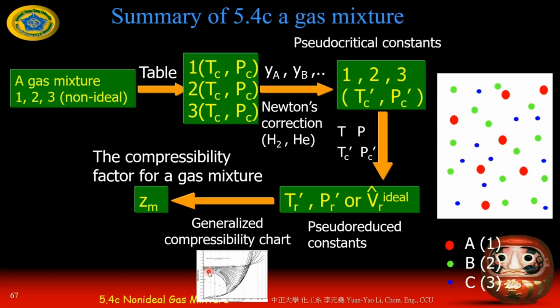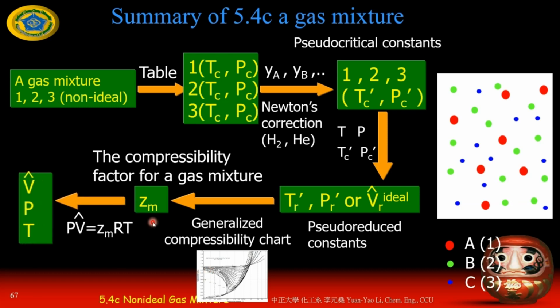And after that, once you have the compressibility factor, you put Zm back into the compressibility equation, PV equals ZmnRT, and you can get the answer for volume or pressure or temperature.